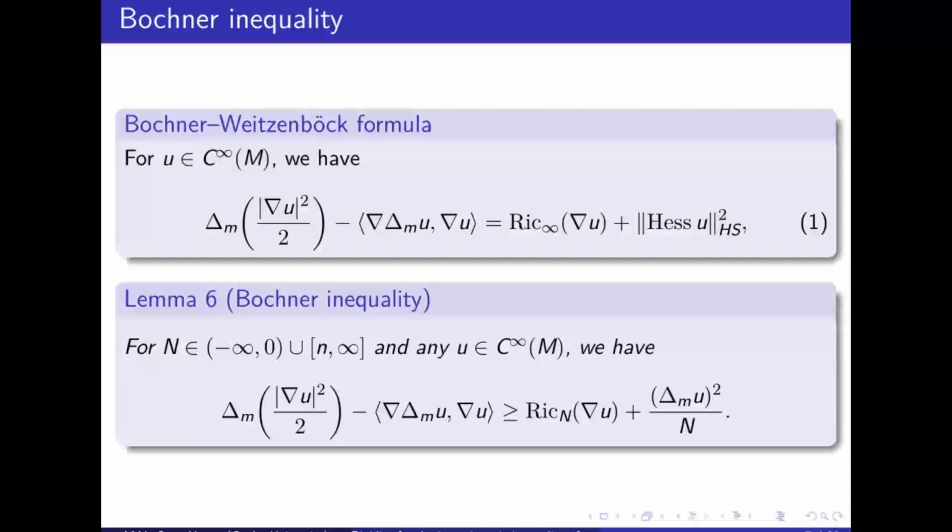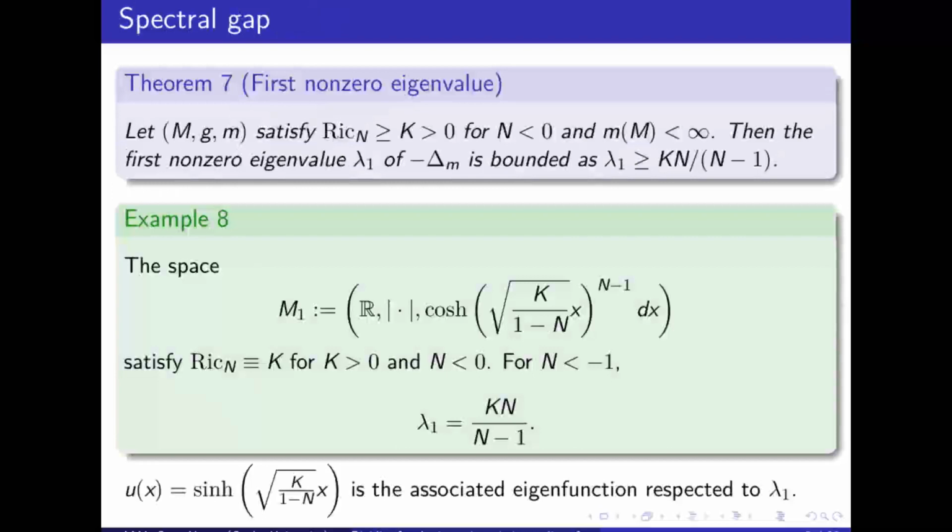When we choose u as the eigenfunction of the first non-zero eigenvalue of the weighted Laplacian, we obtain the sub-spectral gap inequality and, equivalently, the sub-Poincare inequality. Here, this is the sub-spectral gap inequality.